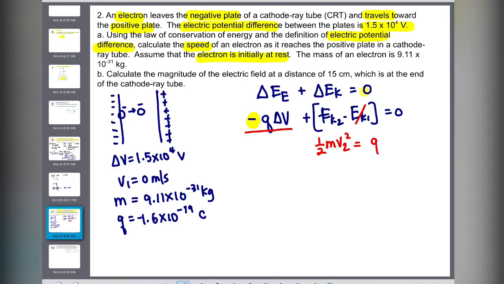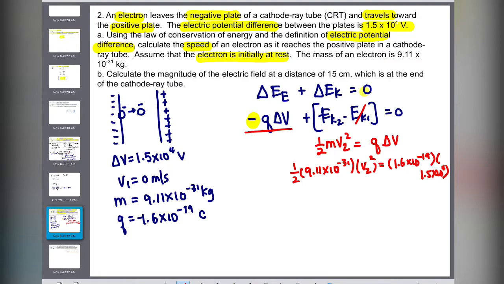I'm going to move this guy over to the other side, so it becomes Q times delta V. Okay, plug in what I know. 1/2 mass of the electron is 9.11 times 10 to the negative 31 times V2, which is what I'm looking for, and equals Q times delta V, which is 1.5 times 10 to the 4.